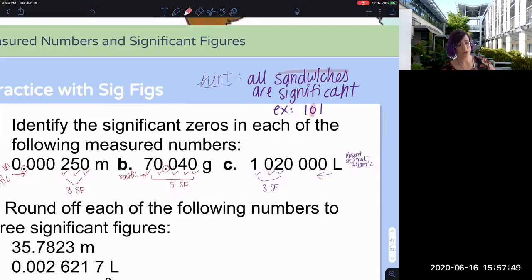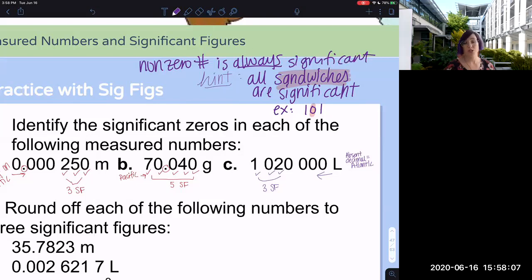A sandwiched 0 is significant. A non-zero number is always significant, and a zero in a sandwich is always significant. So it's really all the zeros at the beginning and the end that you need to be worried about. And then you can use the Atlantic Pacific rule to find that.